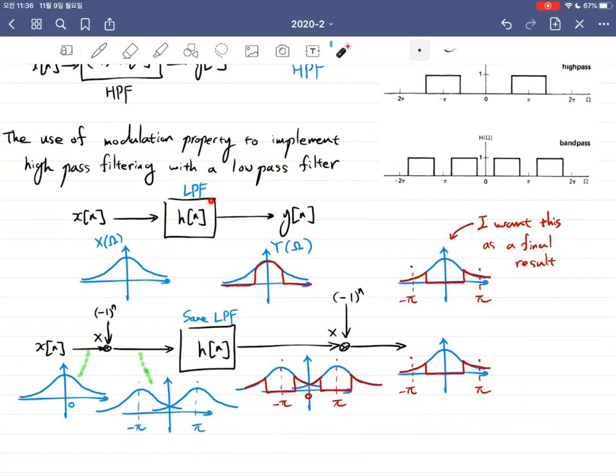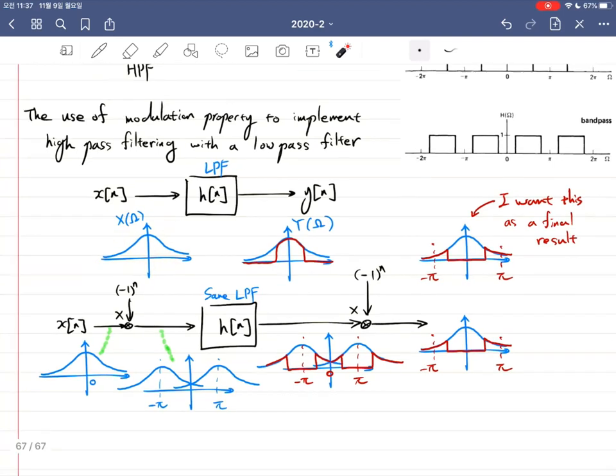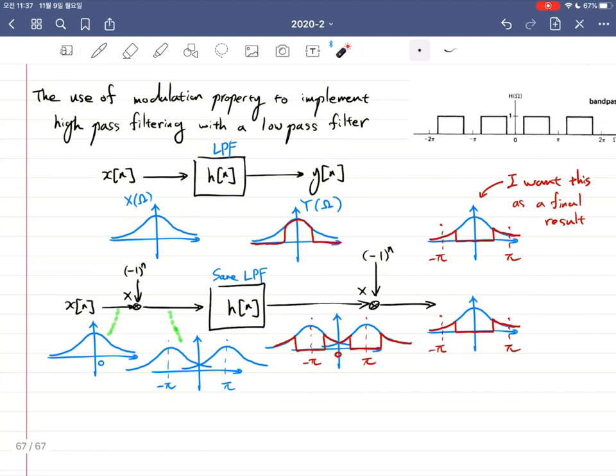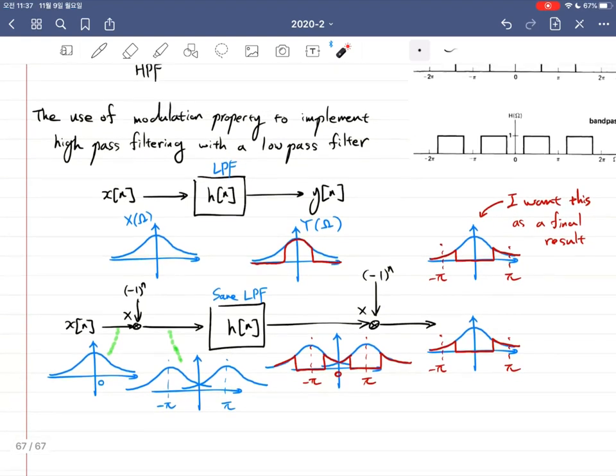Since it's a low pass filter, it will pass the values located at low frequency in the frequency domain. For example, if the magnitude of the Fourier transform looks like a Gaussian function, then after passing through the low pass filter, this part survives, whereas this part gets removed.